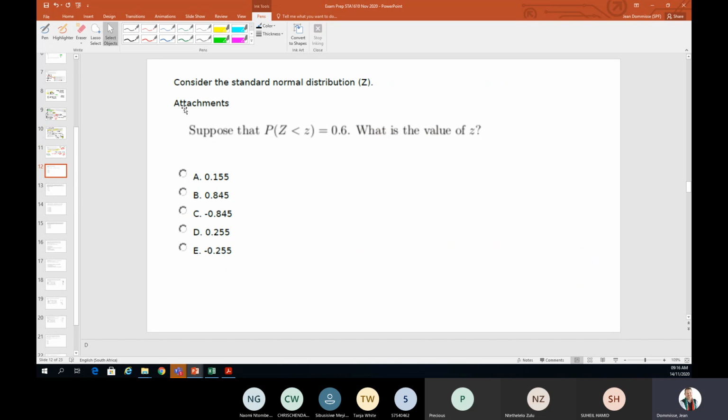Okay, so now they're asking it a bit differently, and I think this was one of those ones in one of the assignments as well that sometimes catches you out. So suppose that z is smaller or equal to... So let's draw this a bit bigger.